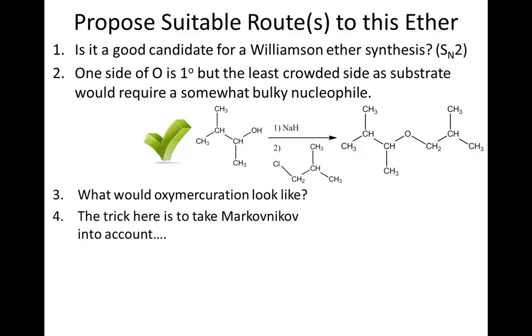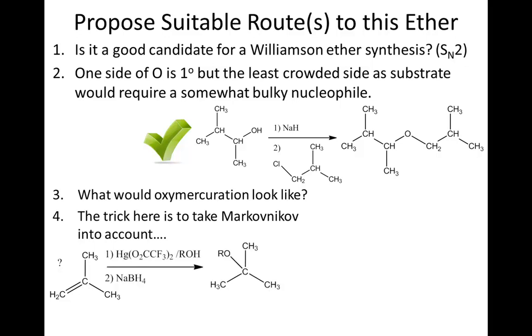You've got to take Markovnikov orientation into account when you figure this out. So if you tried this with the double bond right here, you see this carbon is tertiary, this carbon is primary. This carbon is going to be the one that gets the oxygen. And that's not going to give you the product that you want. Okay? So that's not an okay route.